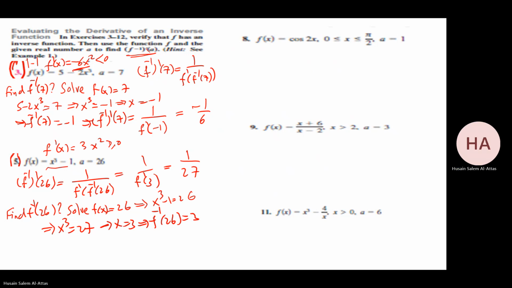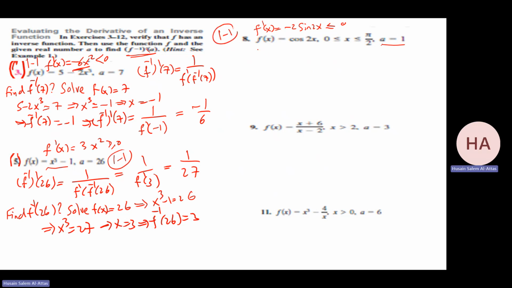Okay. Same idea. I have a equals 1. We want to find f prime, which is minus 2 sine 2x, which is always non-positive. So it's 1-to-1.